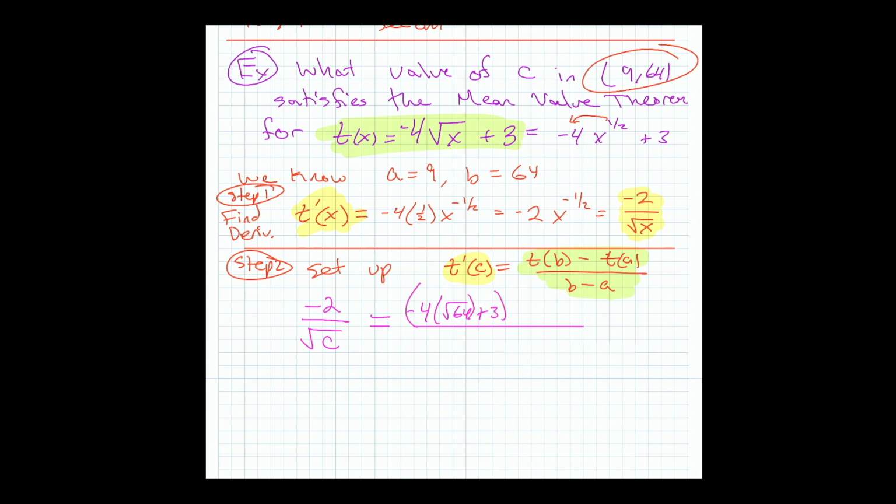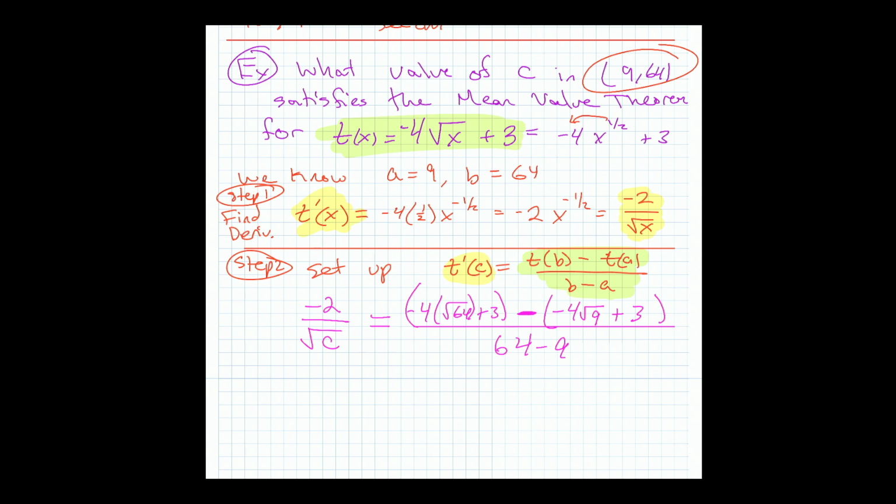That's your t of b, minus t of a, which is negative 4 square root 9 plus 3. And then all of that is going to be over b minus a, which is 64 minus 9.